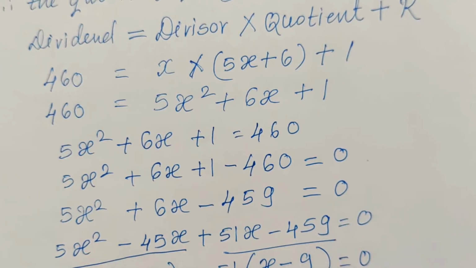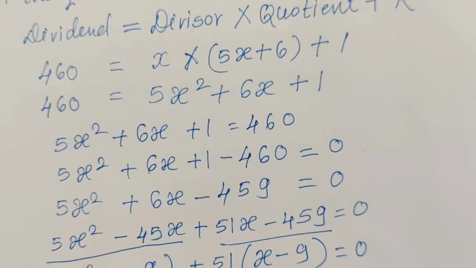From the first group 5x is common, in bracket x minus 9. Second group 51 is common, in bracket x minus 9. X minus 9 is the common bracket, and the second bracket will be 5x plus 51 equal to 0. Both the factors or brackets are equal to 0.